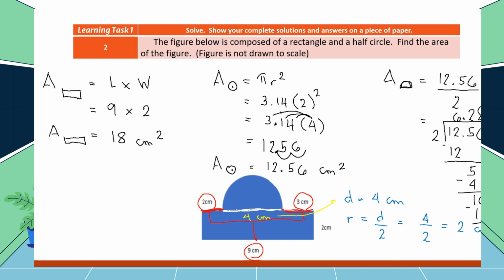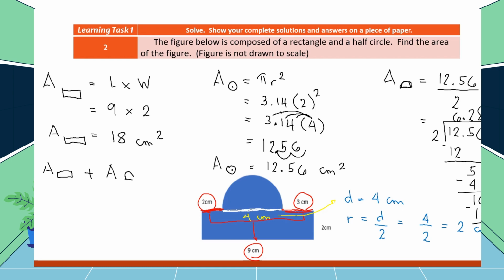Meaning to say, ang area of a semicircle is equivalent to 6.28 square centimeter. At dahil pinapahanap ang area of the figure, pagsasamahin natin yung area of a rectangle kanina plus the area of what?